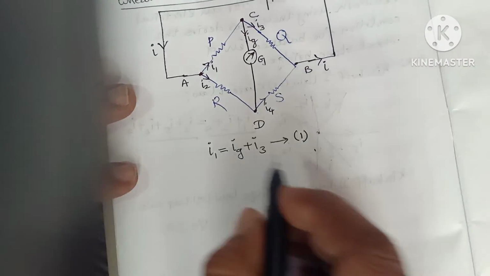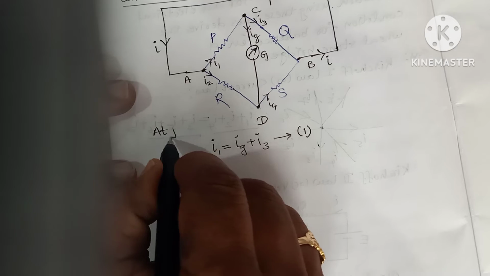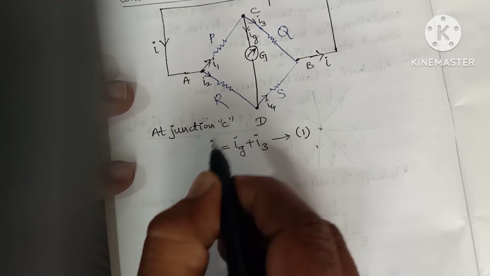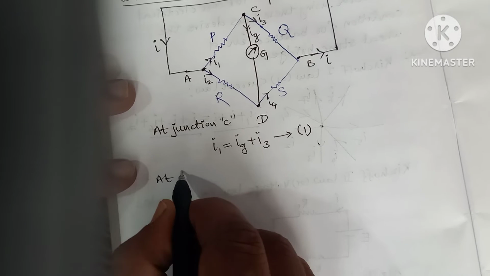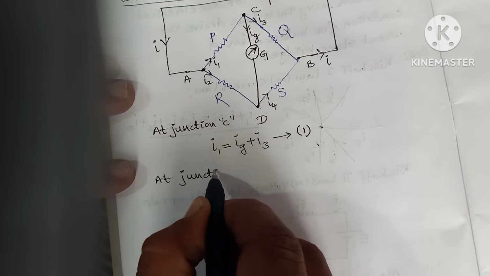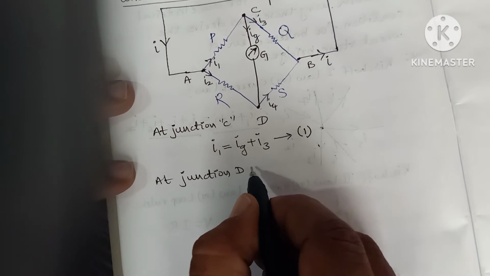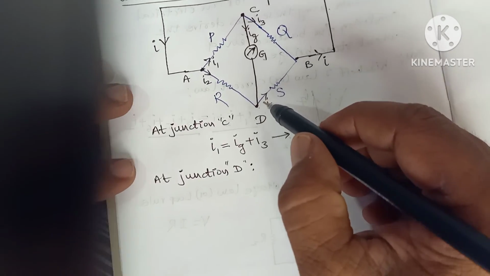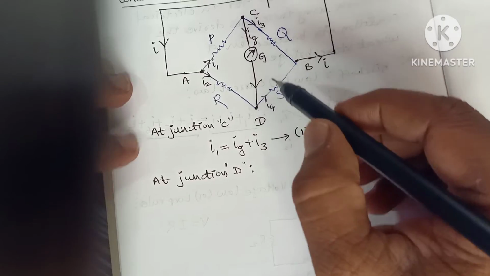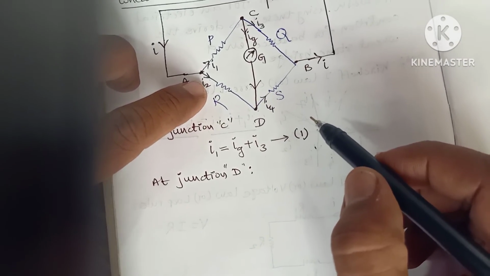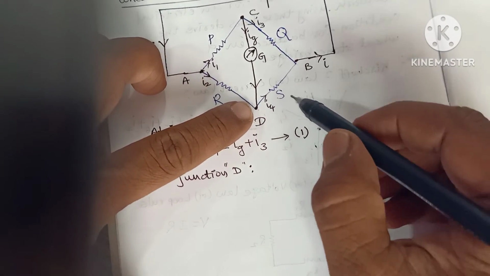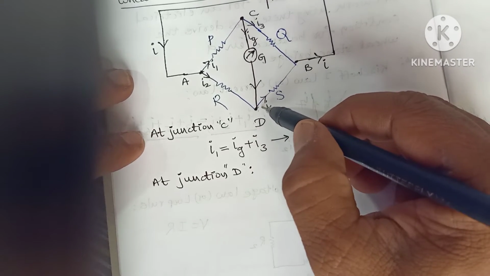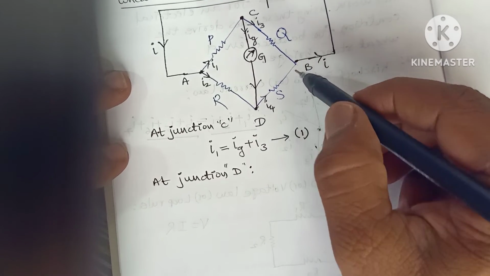Now we'll see the same at junction D. What are the currents flowing towards the junction and away from the junction? Now I2 is moving towards the junction. Okay, IG is also moving towards the junction, but only I4 is flowing away from the junction.